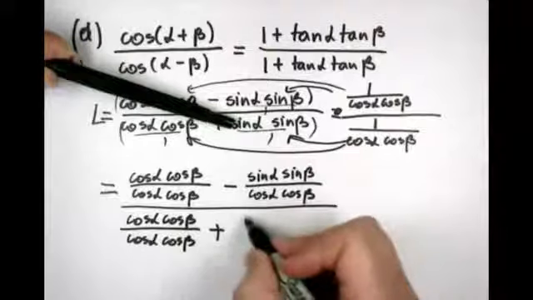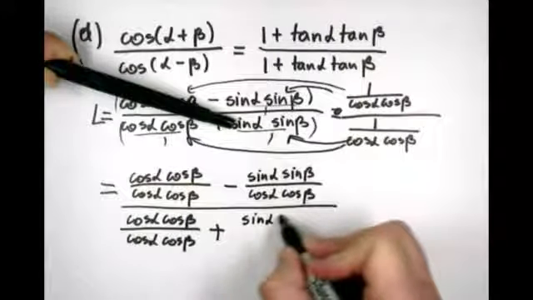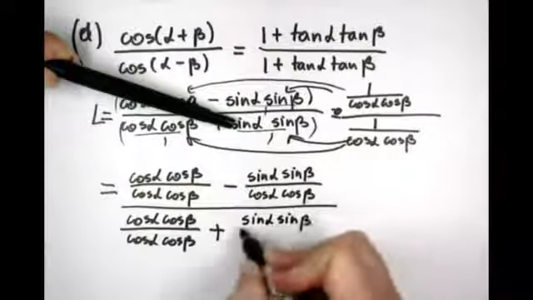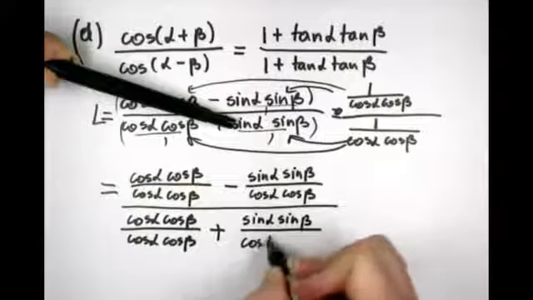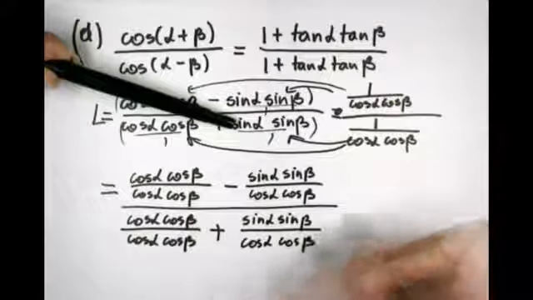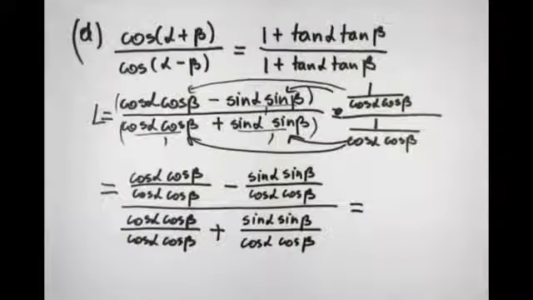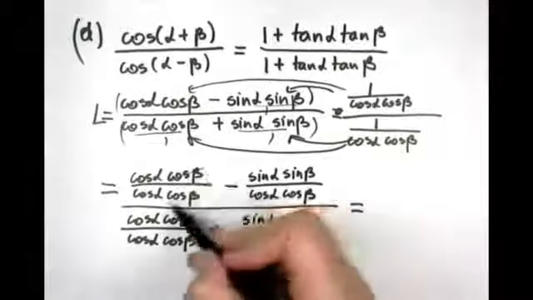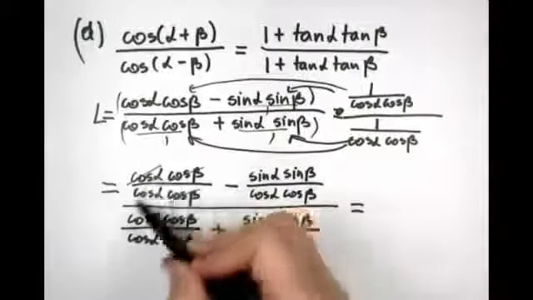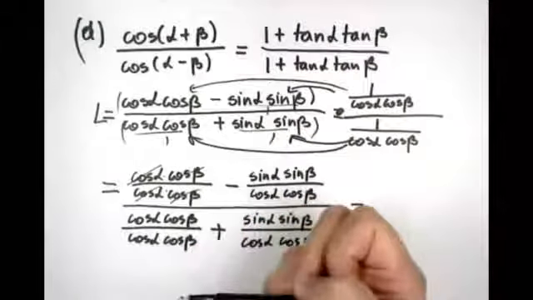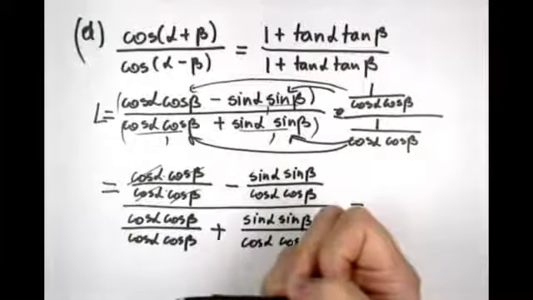So on the next term I have sine alpha sine beta over cos alpha cos beta. And then cos beta cancels out, cos alpha cancels out, because here is multiplication. The same situation happened on the bottom, so this reduces to 1, basically speaking.